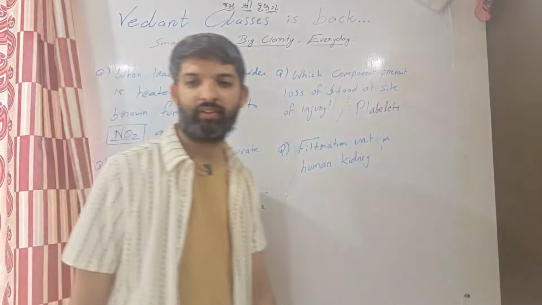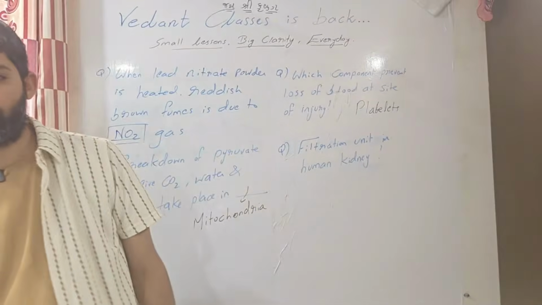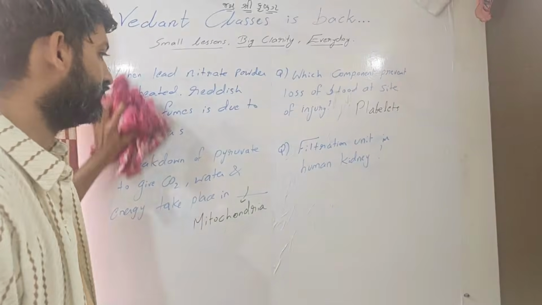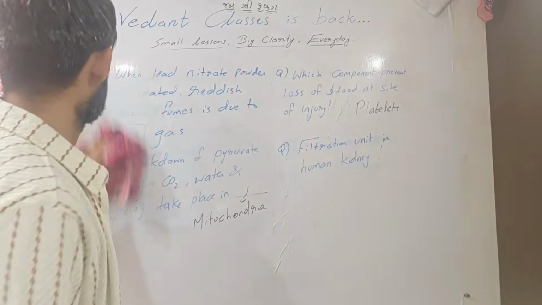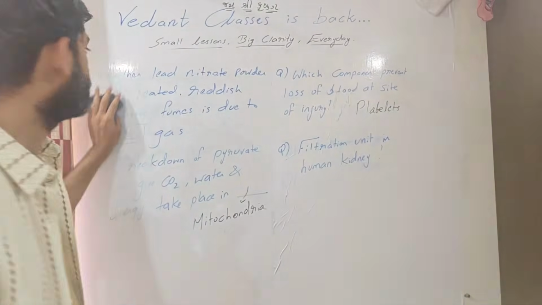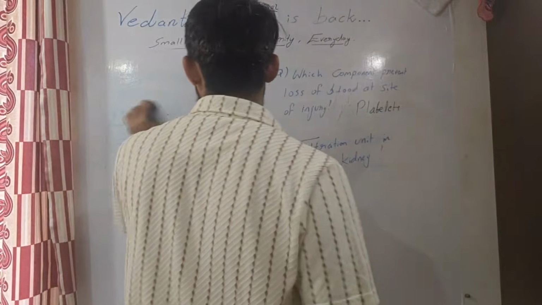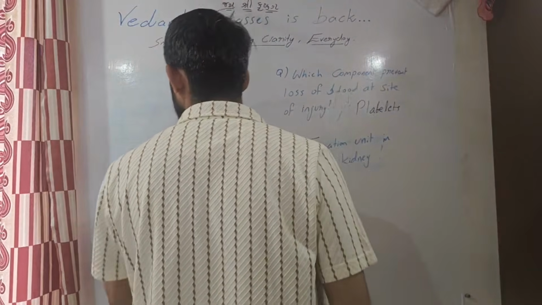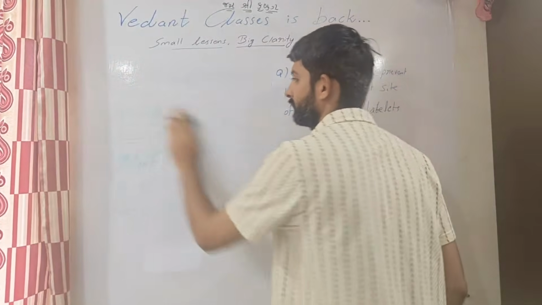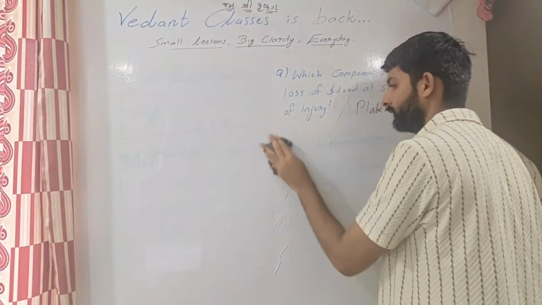Okay, with statistical data, Aryan is saying 1 million nephrons in each kidney. Filtration unit in human kidney is nephron. That is the right answer, nephron. You all seem to be very clear with your basics, and that is a very good sign. Gradually we will switch to the competency level.